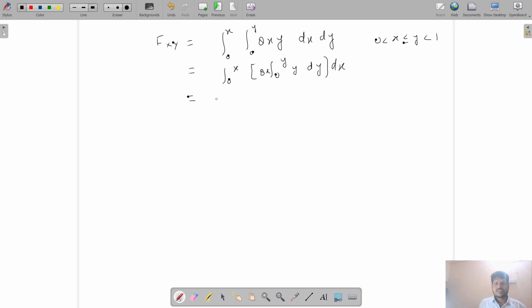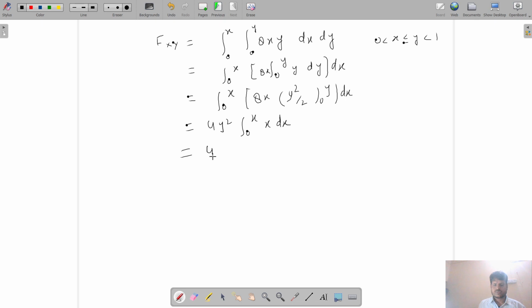Now this is the integration from 0 to x of 4x, y square upon 2, with limit 0 to y, dx. So finally we have 4 y square integration 0 to x of x dx, which again becomes x square by 2.